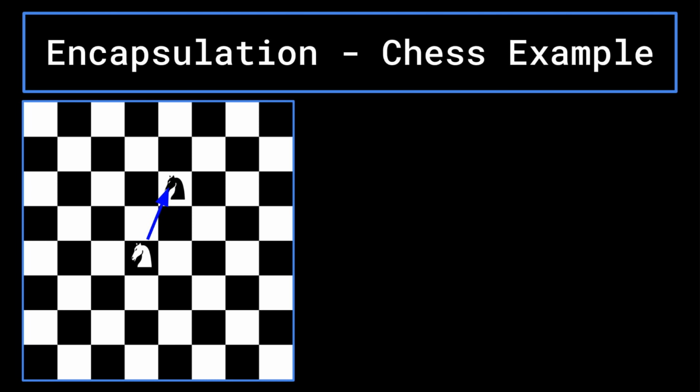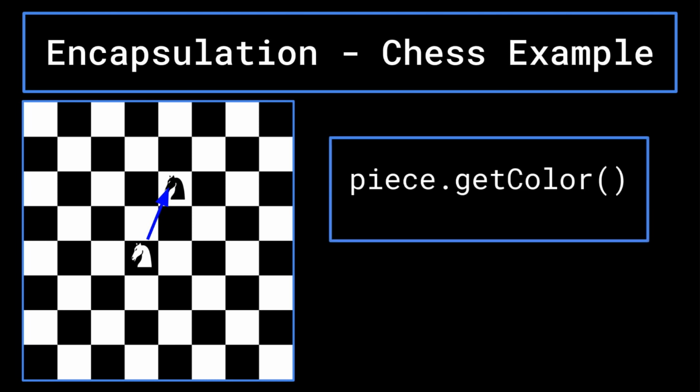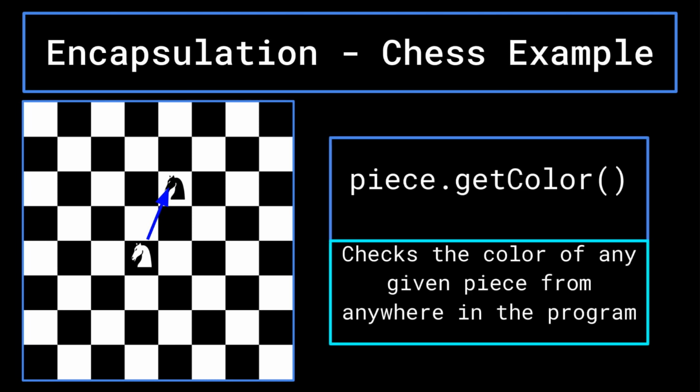To do this, I would define a .get method associated with each piece that returns the piece's color, in this case, piece.getColor. This way, I could check the color of any piece from anywhere in my code without having to access the internal attributes of said pieces. This allows us to retrieve information from where it is defined.